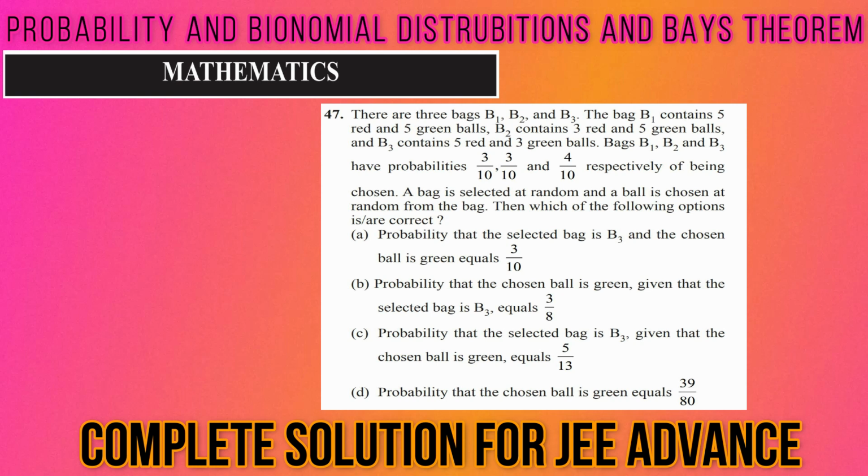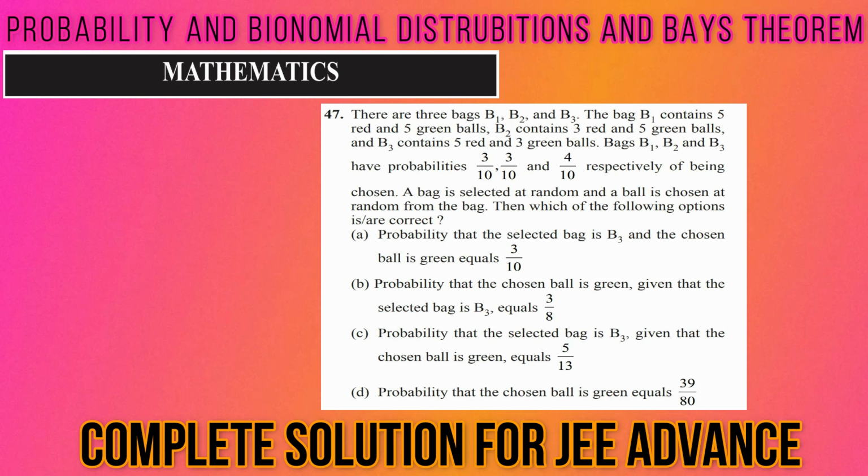By using all the given data, we have to figure out which of the options is correct from our 4 options. As we have a multiple answer correct question, maybe all 4 options are true, or some options are true or some are wrong. So we have to check each and every option. The first option says that the probability that the chosen ball is green, given that the selected bag is B3, is 3 by 10.